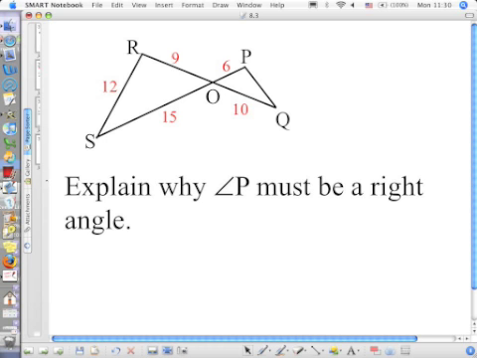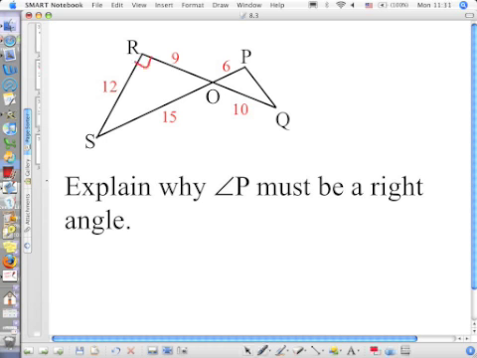What's 15 squared? 225, I think. Yeah, 225. So 225 equals 144 plus 81. I got it. Okay, Jacob. 15 squared equals 12 squared plus 9 squared, so you find out that R is a right angle. Excellent.